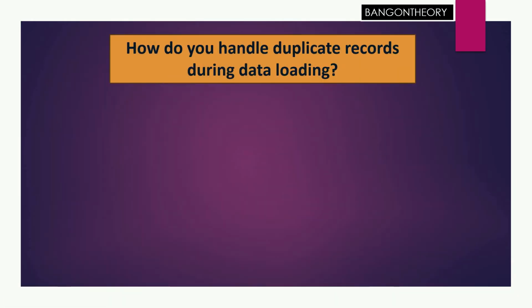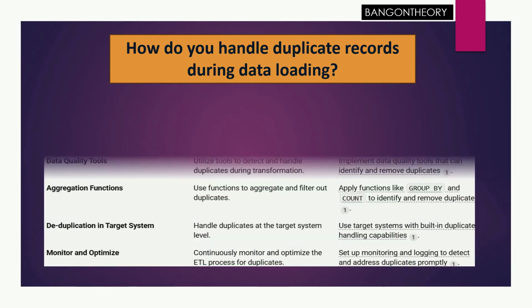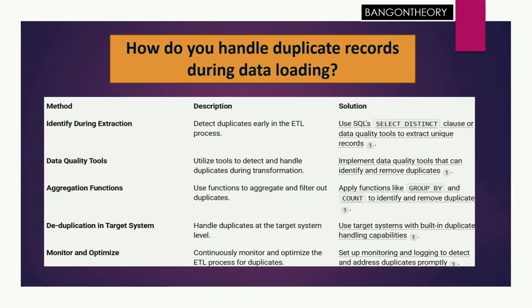So the next question is, how do you handle duplicate records during data loading? These are the methods through which we can handle duplicate records during data loading. First one is identify during extraction. If we are able to identify the duplicate records before extraction, we can do that using the distinct clause, or using optimized select queries, and through data quality tools to extract unique records.